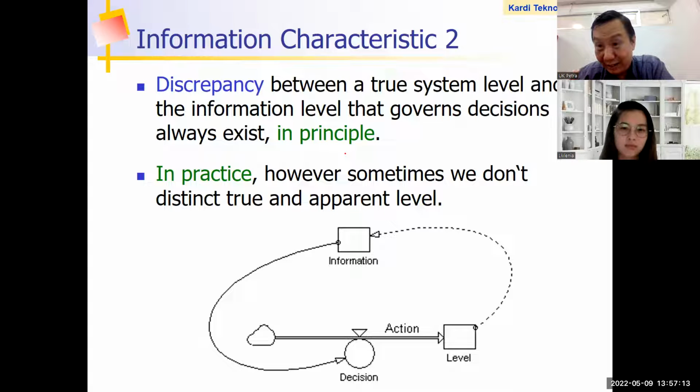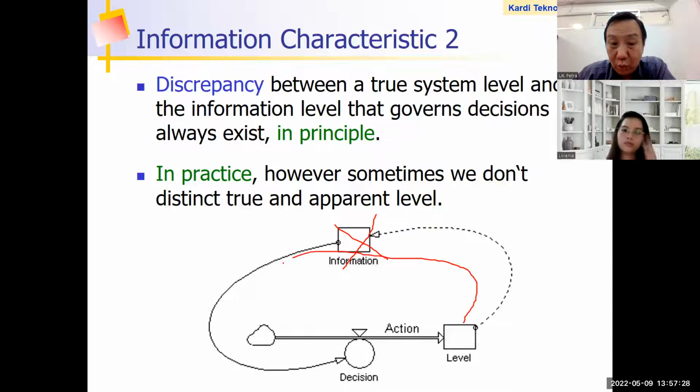Now, in practice, sometimes we don't distinguish the true level and the apparent level. That's why sometimes we don't put this information like this. We just put it directly from level to action. What does that mean? It means there is information embedded inside this level.